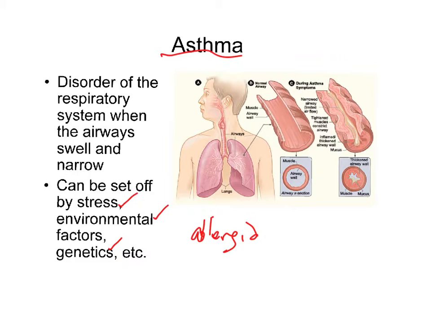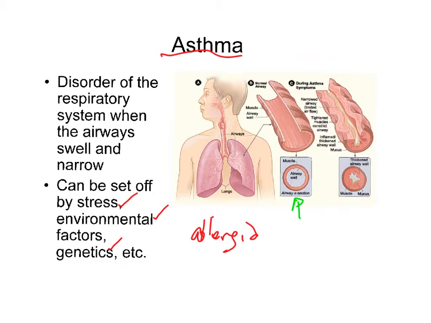And all those things can lead to causing asthma. Asthma is known to occur at higher rates in areas with more pollution and in children who grow up in households that have smoking.